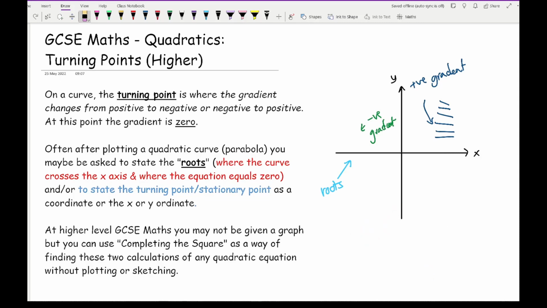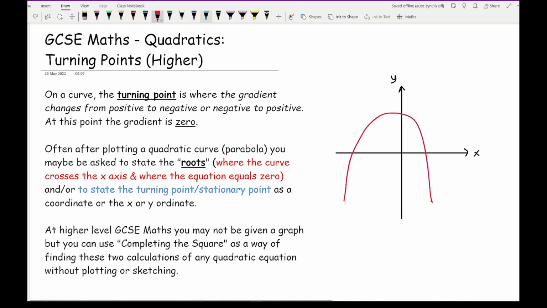Now, if, for example, we had a negative parabola, then it would be the complete opposite. So for example, if I just do a negative parabola, again, not greatly drawn, this here would be our turning point, but these two values here would continue to be our roots.